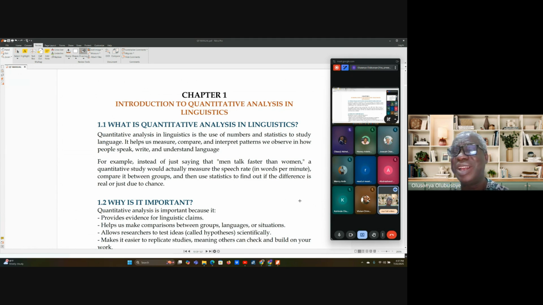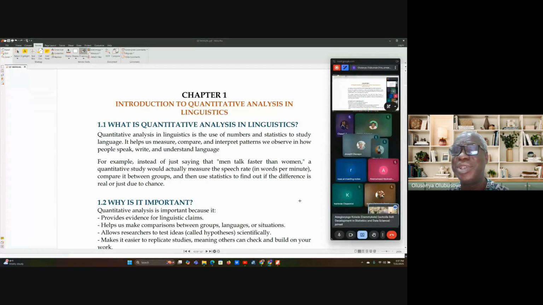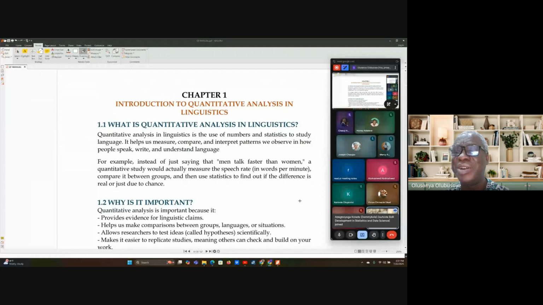So it's all about using statistics, using numbers to study language, to understand language better.